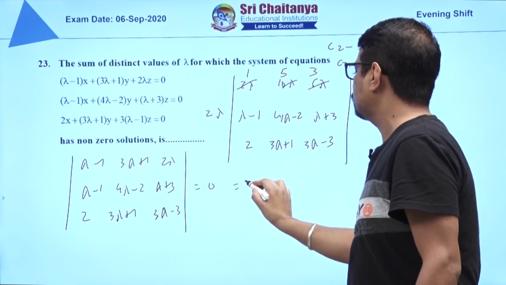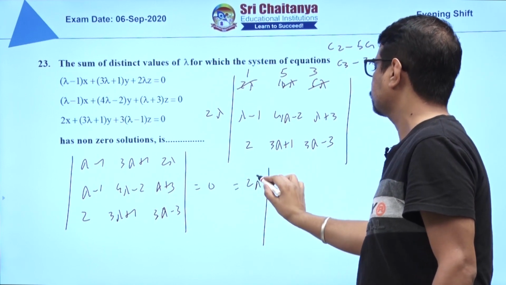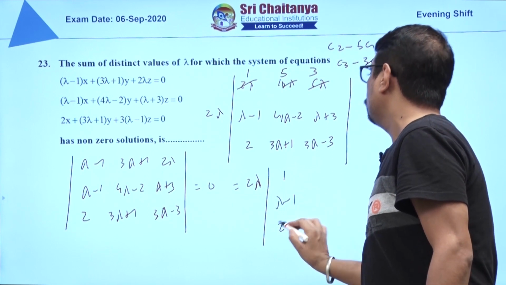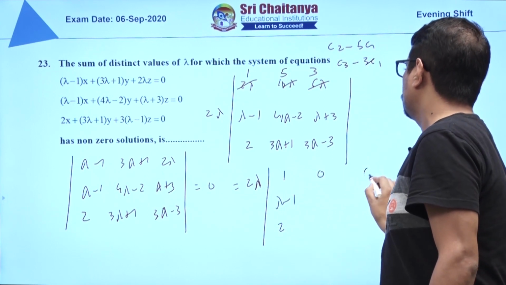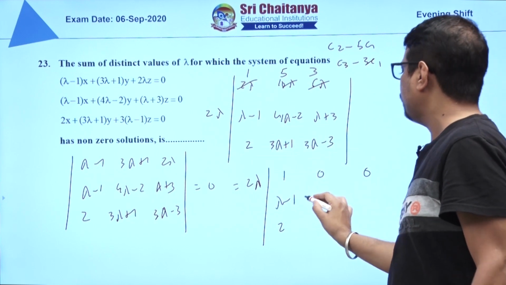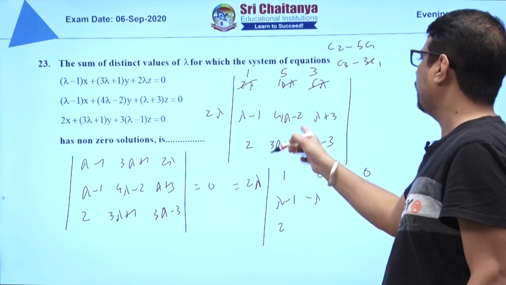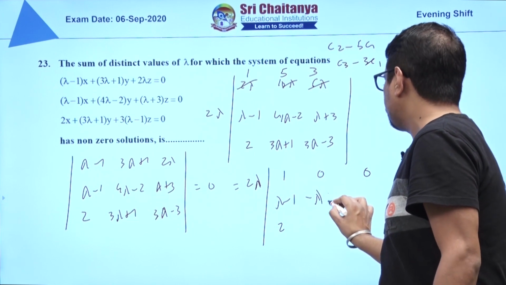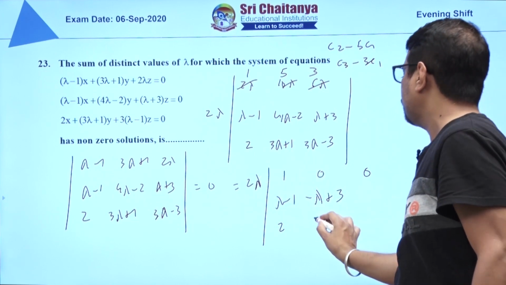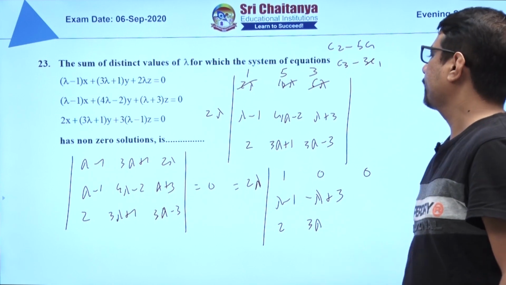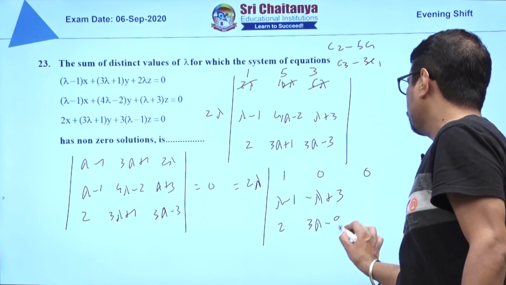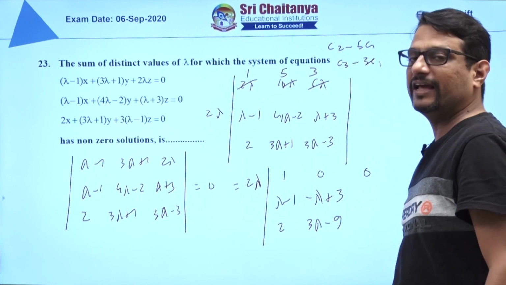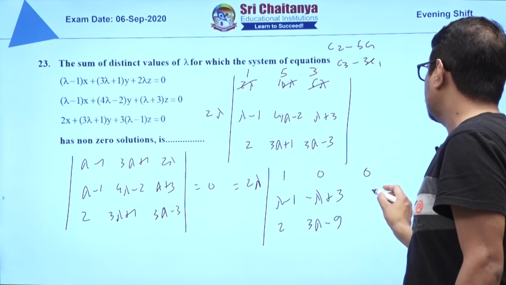So, this will give us 2 lambda times 1, lambda minus 1, 2, 0, 0. 4 lambda minus 5 lambda will be minus lambda, minus 2 plus 5 will be plus 3. 3 lambda, this will be 3 lambda minus 9, that is C2 minus 5 C1 I am doing. C3 minus 3 C1 will give us here 0.